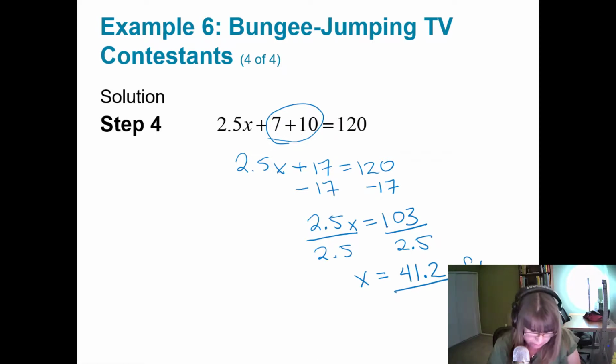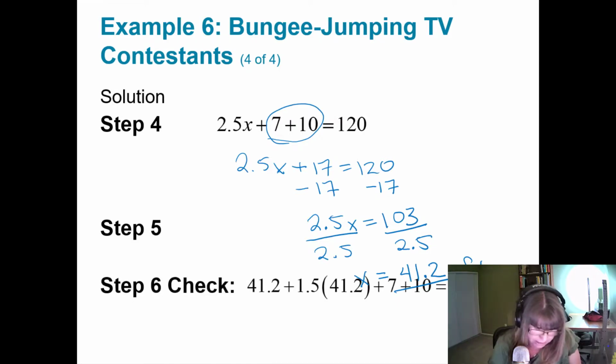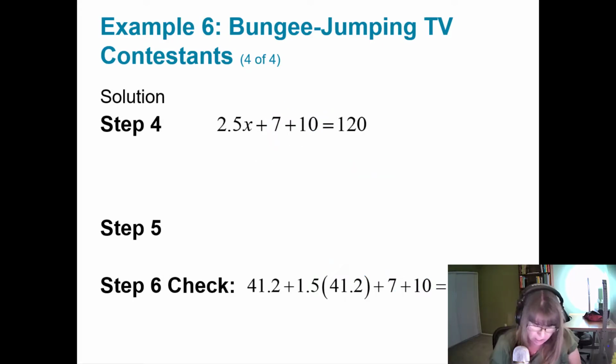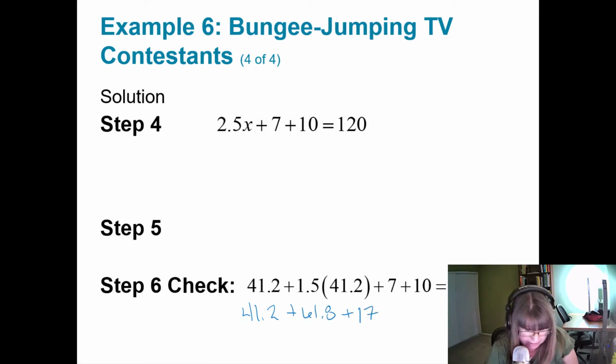Now just to double check, let me go ahead and erase some of my scribbling here. Throwing in the 41.2, I'm going to get 41.2 times 1.5, that's 61.8. 41.2 plus 61.8 plus 7 plus 10 is 17.